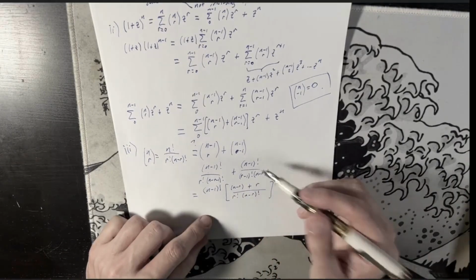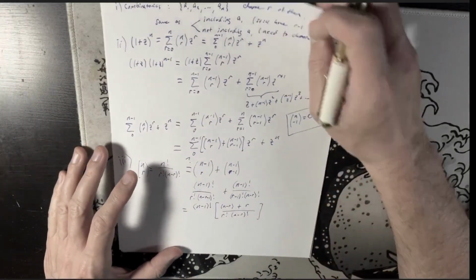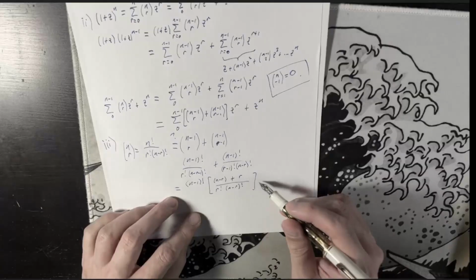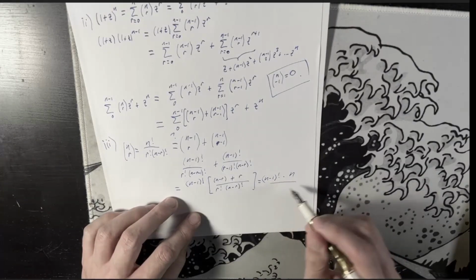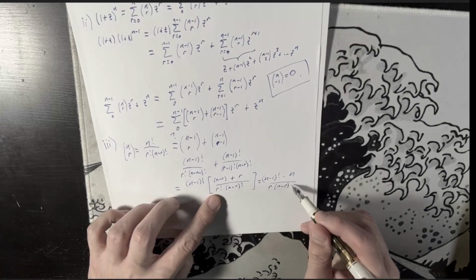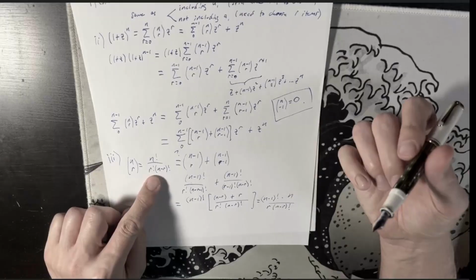So, a quick fraction thing, it's easy to show that this is true. If you just look at the definition, this is becoming n minus 1 factorial times n over r factorial, n minus r factorial. And so we have shown it. This right hand side is exactly that.